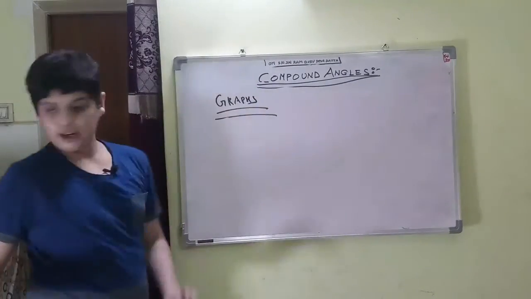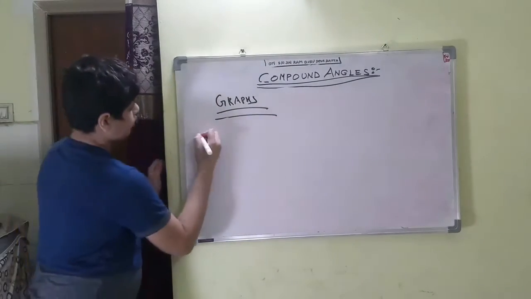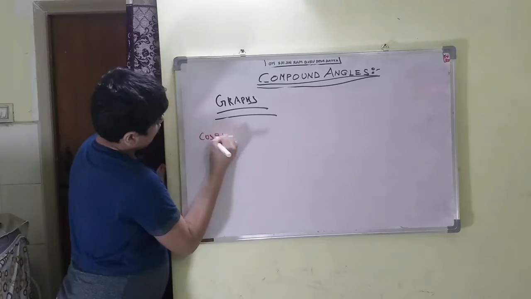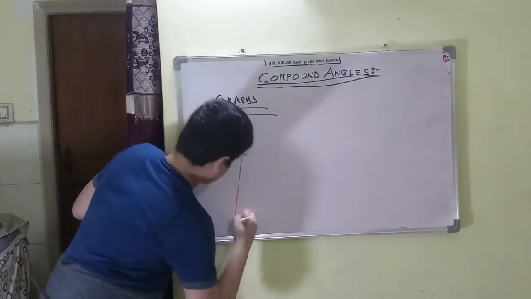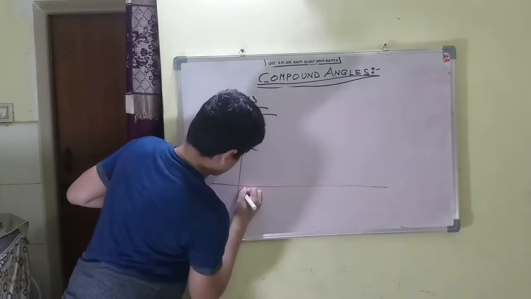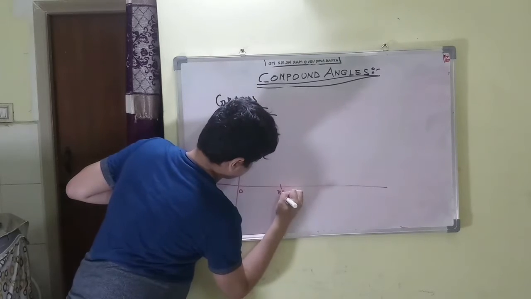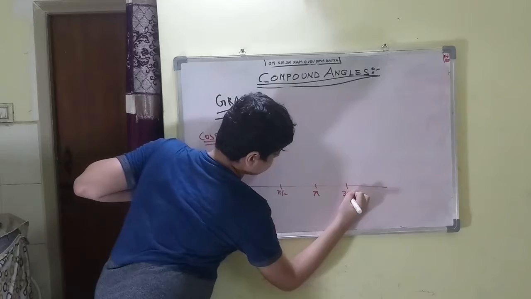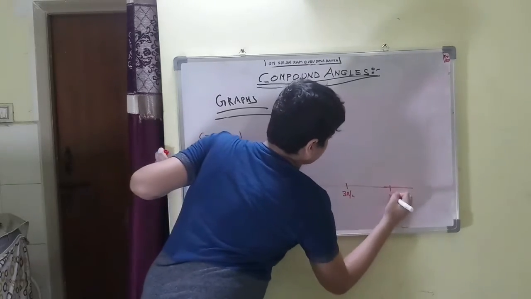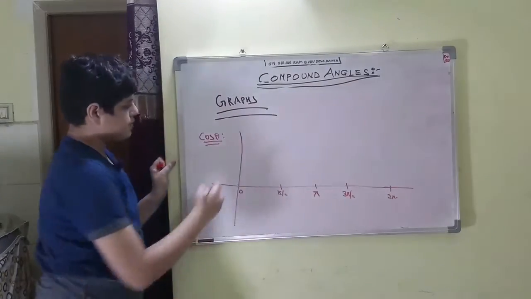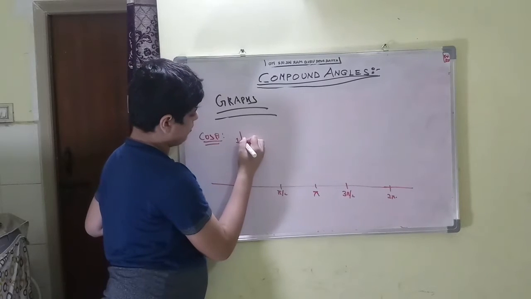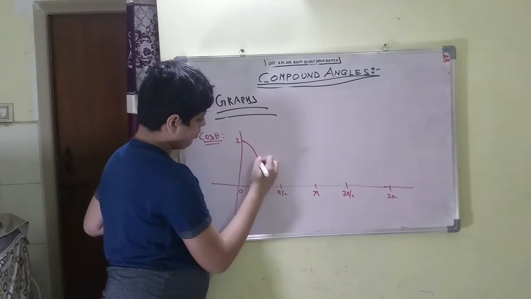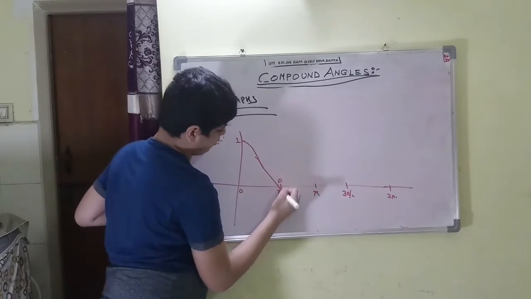Now let us look at the graph of cos theta. Cos theta is maximum at 0. It is 1. At pi by 2 it becomes 0.